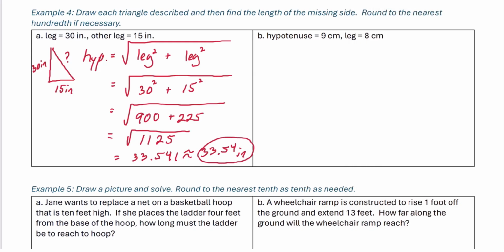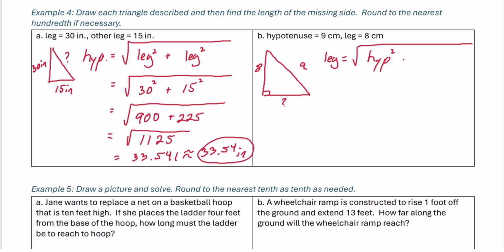In the next example, we have a hypotenuse of 9 centimeters and a leg of 8 centimeters. So let's say this one's 8, this one's 9. What is this side? If we're missing one of the legs, we use the formula the square root of the hypotenuse squared minus the other leg squared.